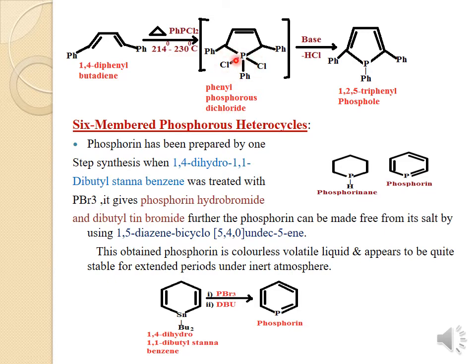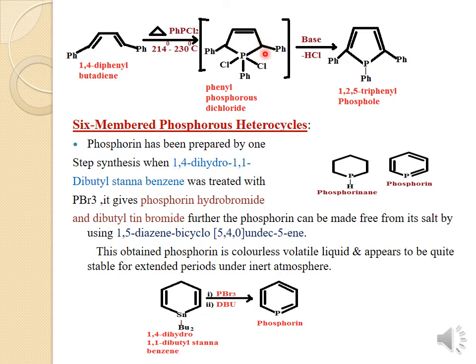Again, upon treatment with the base, one of the HCl molecules gets cleaved out. When you treat it with the base, the HCl molecules get cleaved out, resulting in the product. See here, one bond will be there, right?